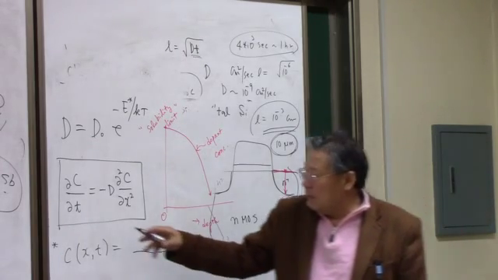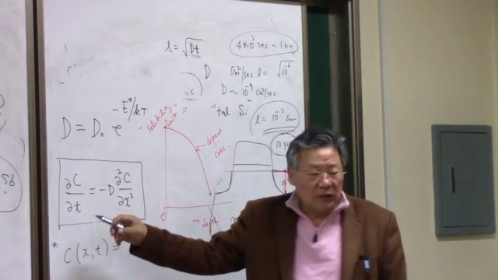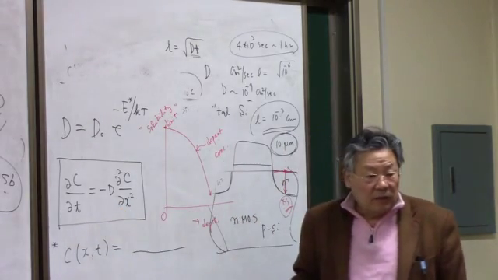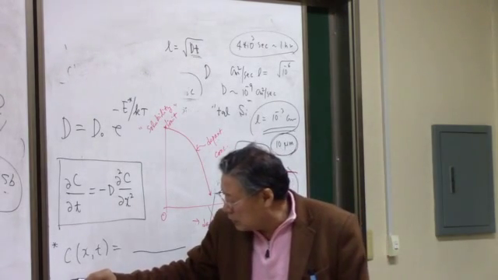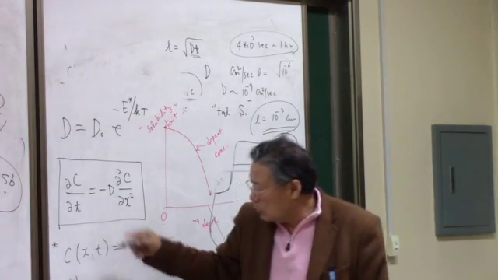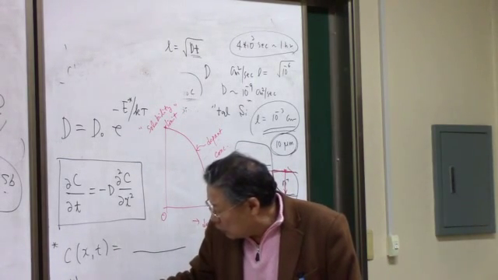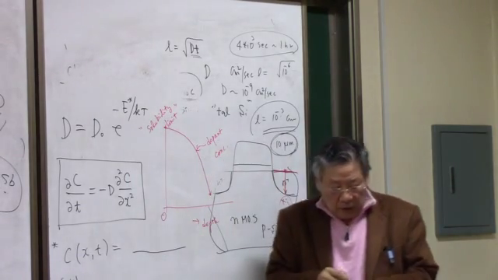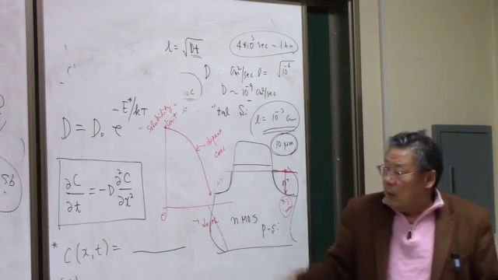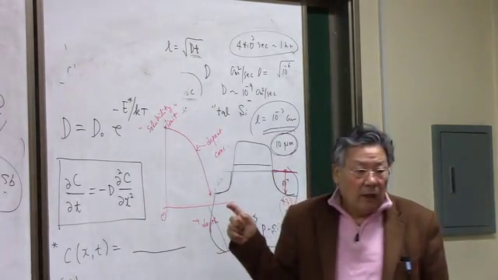And we have a first derivative with respect to the time, and the second derivative with respect to x, so we need three boundary conditions in order to solve this Fick's second law, okay?